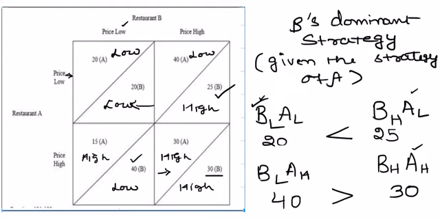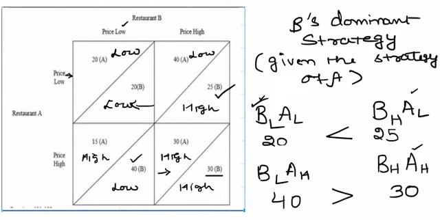So what do you observe? If B wants to keep the prices high, then that strategy is successful in the case when A is keeping the prices low. And on the other hand, if B is keeping prices low and wants the strategy to be successful, then it depends on the strategy of A keeping prices high.